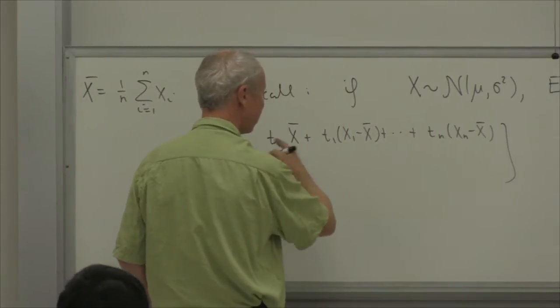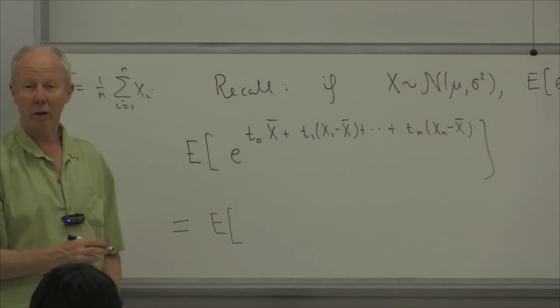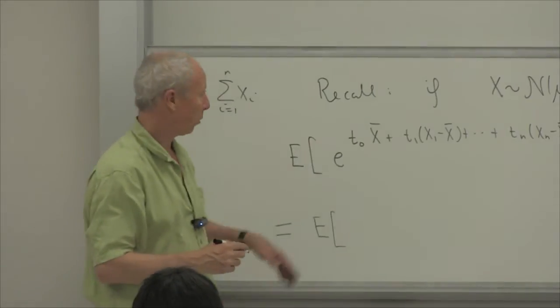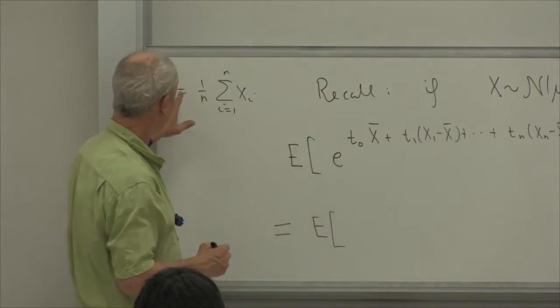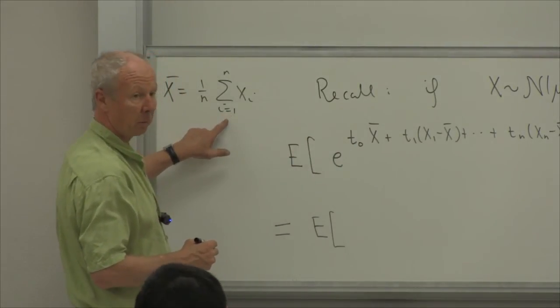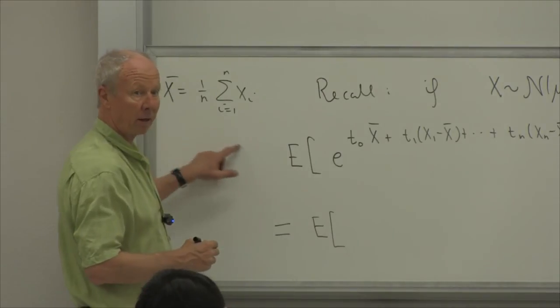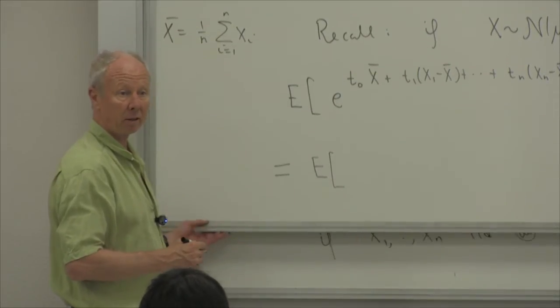There are a bunch of x1s in here, right? What's the coefficient of x1 in this expression in the exponent? What do we get for the coefficient of x1 from here? Well, x1 is the first term in the sum. It's multiplied by 1 over n, and then we multiply also by t naught over n, right?